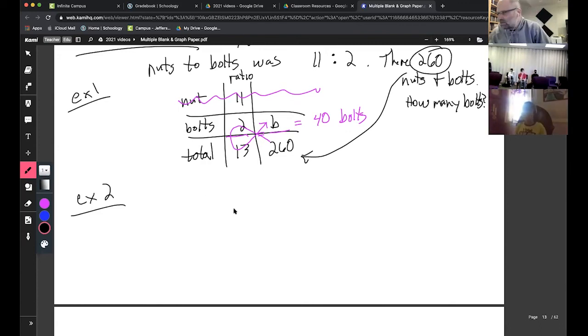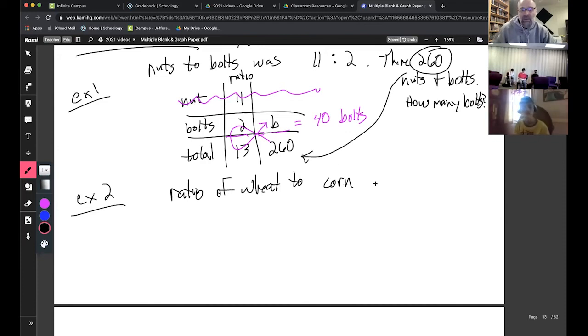Farmer Dunkowski, apparently that's a real name, wanted to plant his farm with wheat and corn in the ratio of 7 acres to 9 acres. So the ratio of wheat to corn, and the order of how we read this is important. So the ratio of wheat to corn is 7 acres to 9 acres.